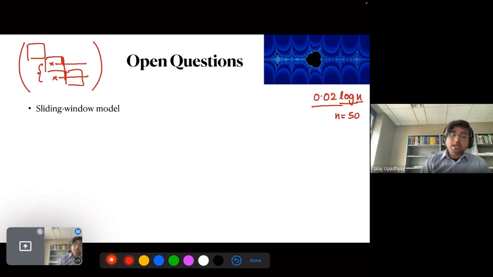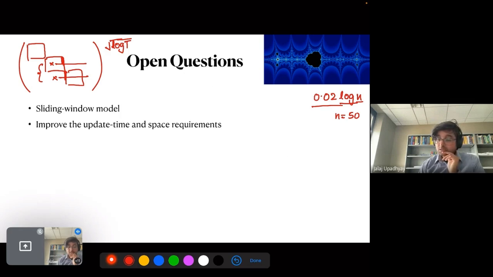The problem is that in my L infinity error, I get a term of log p because of the union bound. So that's not completely good. So we are trying to understand what we can do with the sliding window. It's an open question, I guess.